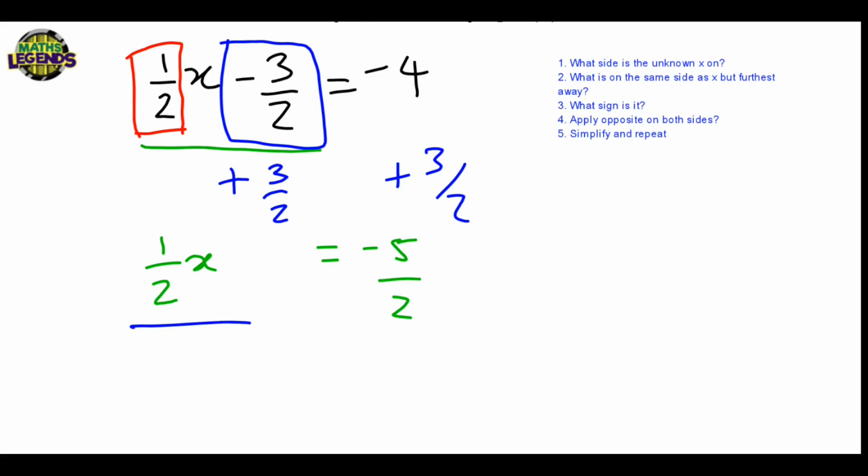Still on the left hand side. And what's on the same side as x but furthest away? Well, we only have the half, so it's going to be 1/2. What sign is it? It's 1/2 x.